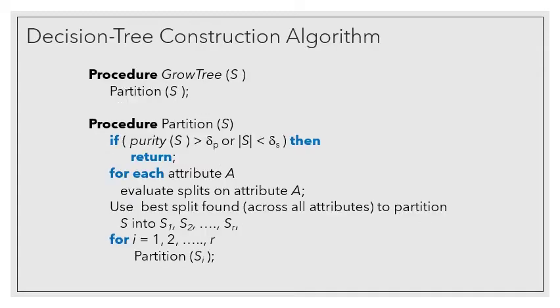Now let's see the decision tree construction algorithm. The main idea of decision tree construction is to evaluate different attributes and different partitioning conditions and pick the attribute and partitioning condition that results in the maximum information gain ratio. The same procedure works recursively on each of the sets resulting from the split, thereby recursively constructing a decision tree.